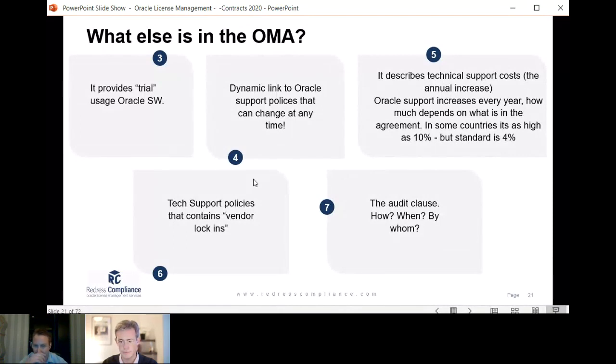It also describes the annual support cost. For anyone who doesn't know, Oracle support will increase by a few percentage every year, the annual increase. The standard in most countries is 4%, but I know in other parts of the world there's 10% sometimes.